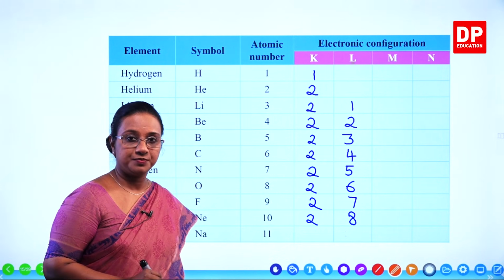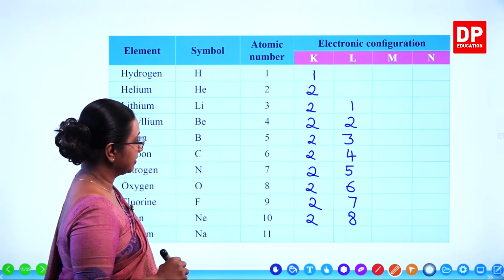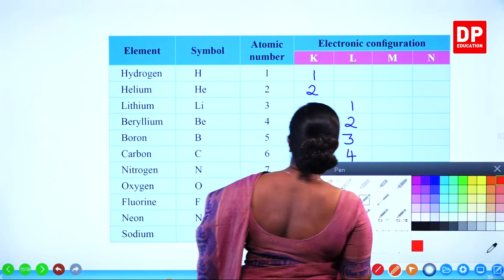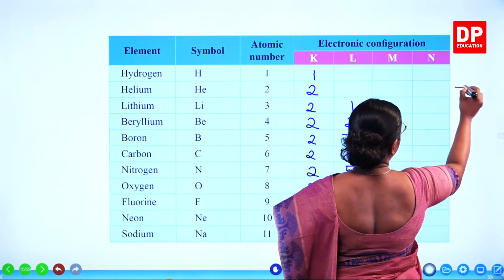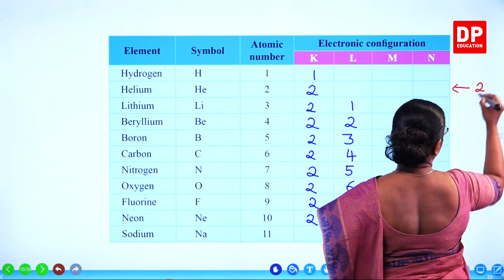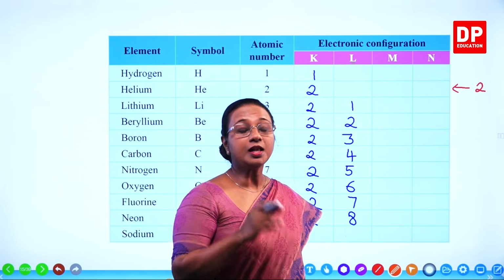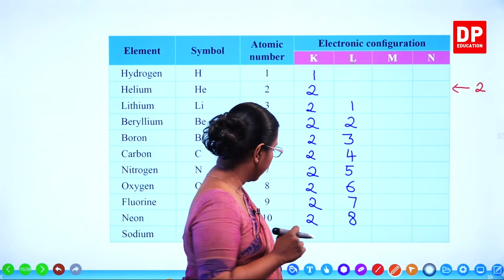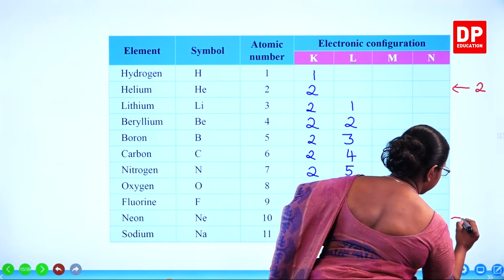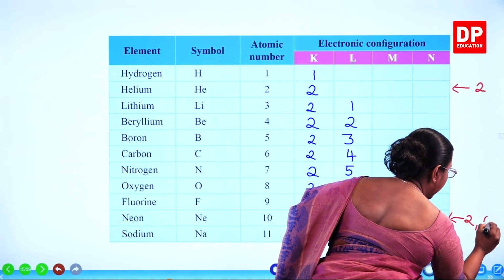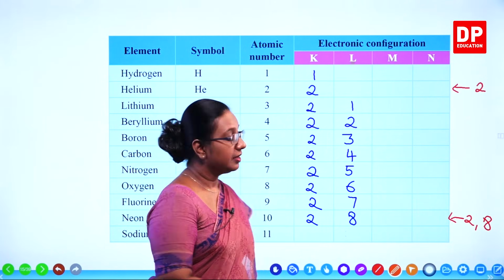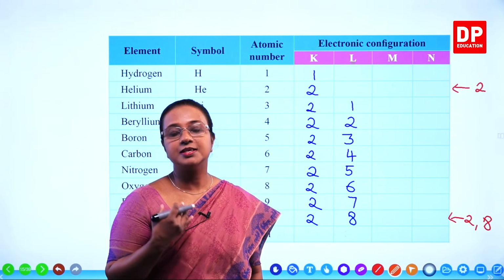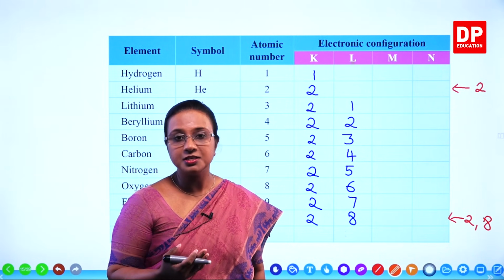Out of these elements, students, you all can notice that helium has only 2 electrons in the first shell, the maximum number of electrons possible in the first shell. And neon here, it has 2 and 8, again the maximum possible number of electrons that can be present in the first and second shells.